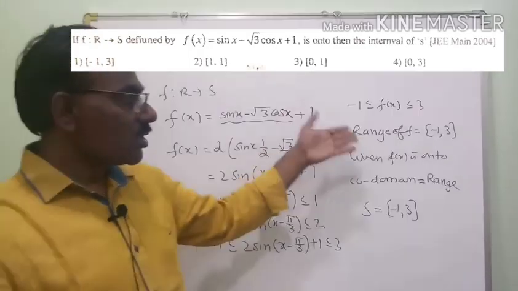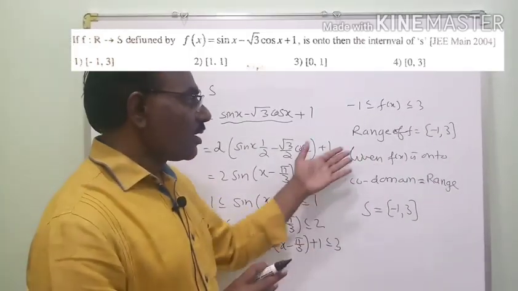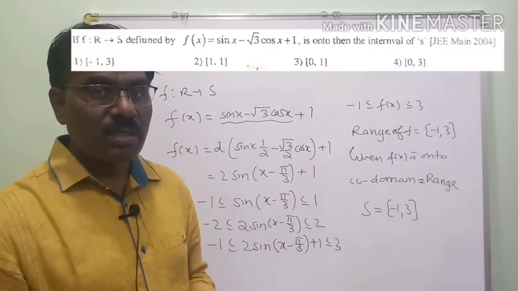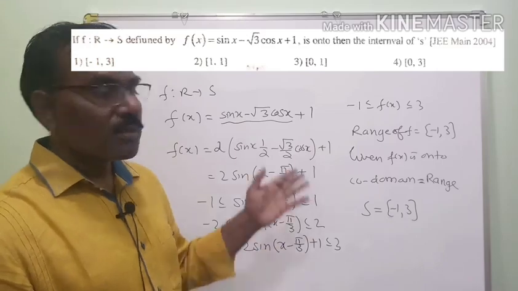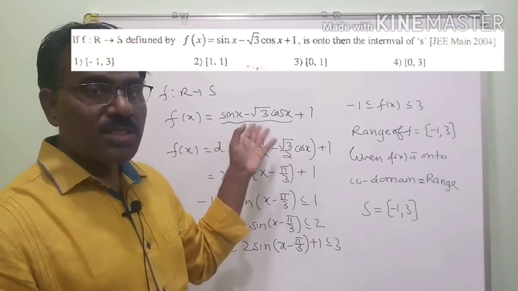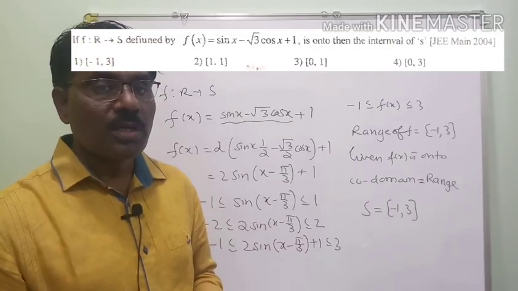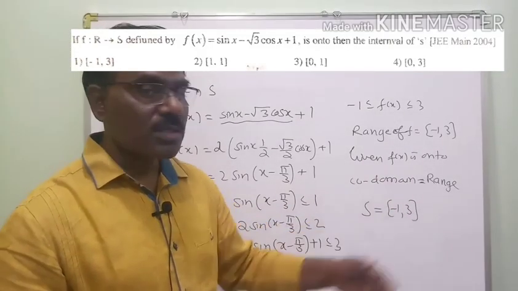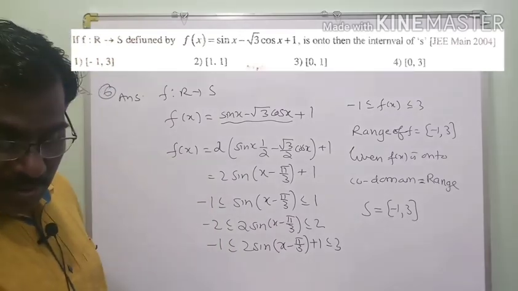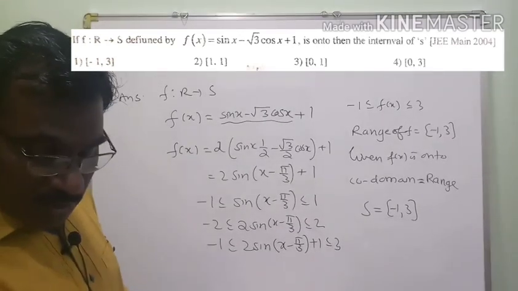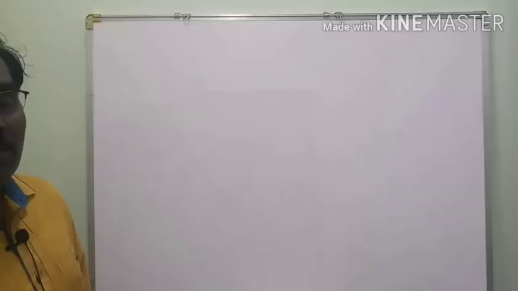So these steps are for range. Range is minus 1 comma 3. Given this function is onto, codomain equal to range, so codomain is minus 1 comma 3. Okay, first option is correct.